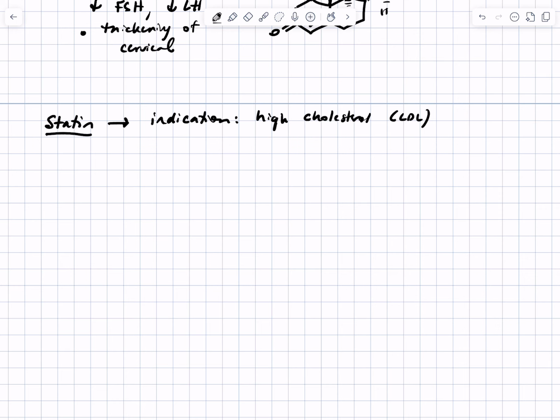In addition to high cholesterol, statins are thought to prevent atherosclerosis, which is depositing of cholesterol and lipids in arteries and hardening of the arteries, preventing atherosclerosis and cardiovascular disease.